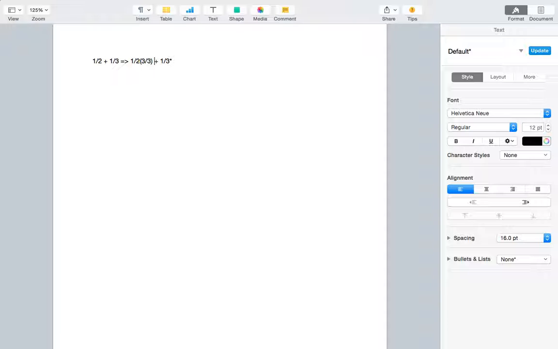Alright, put that there, be easier for readability. Alright, so 1/2 times 3 over 3, you get 3 over 6. 1/3 times 2 over 2, get 2/6, and that equals 5/6.